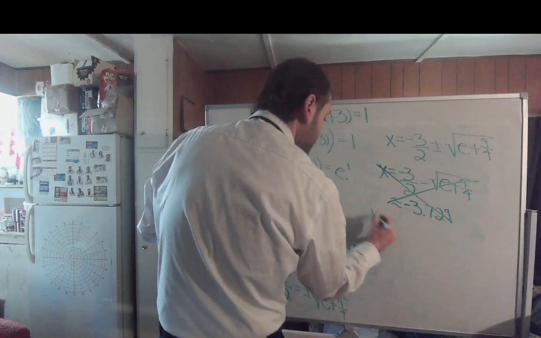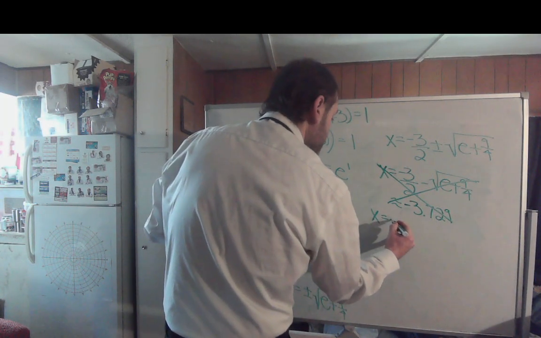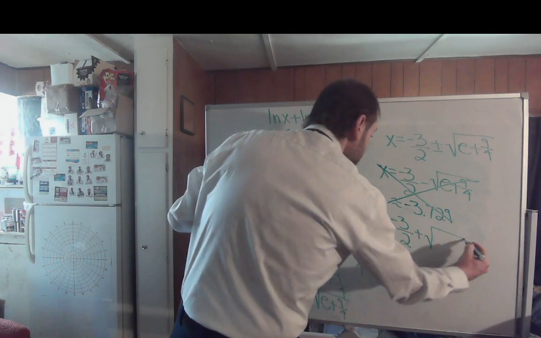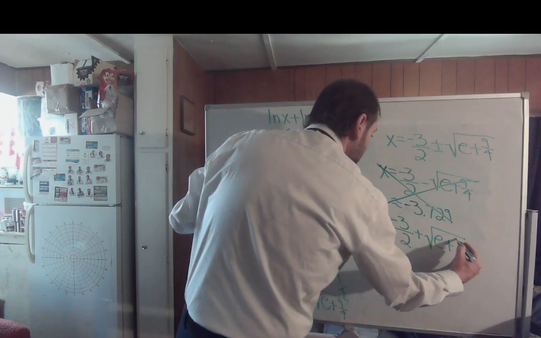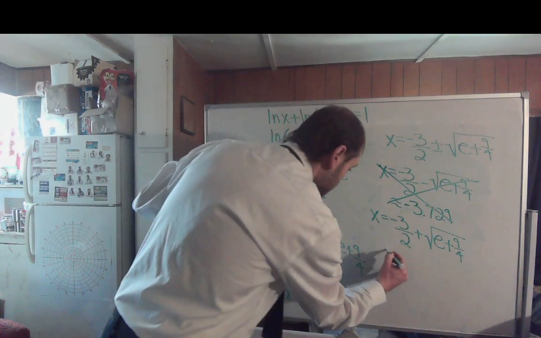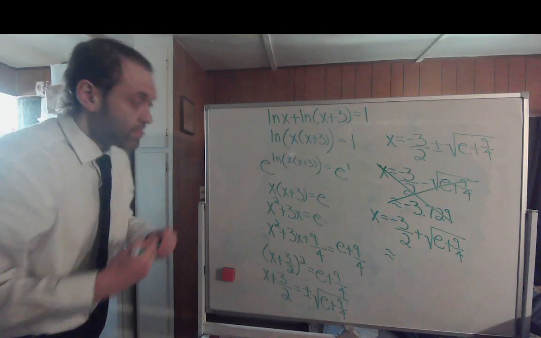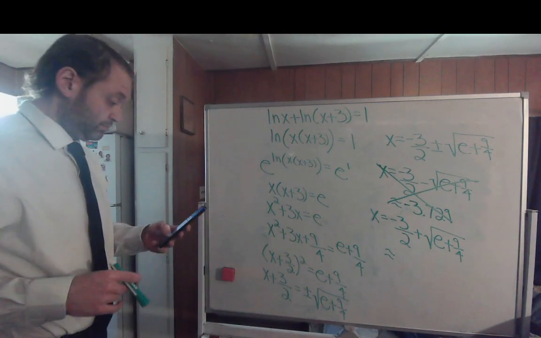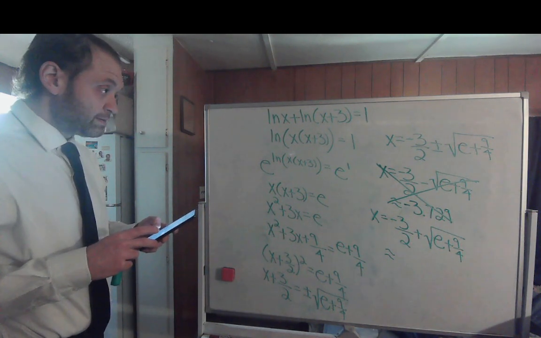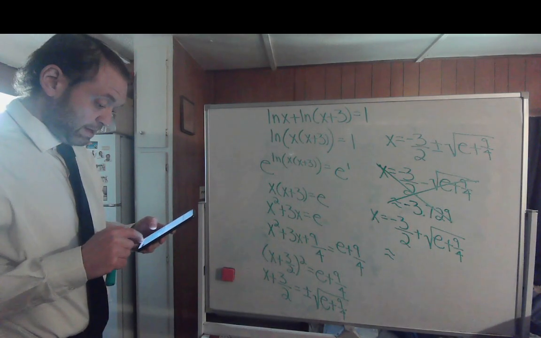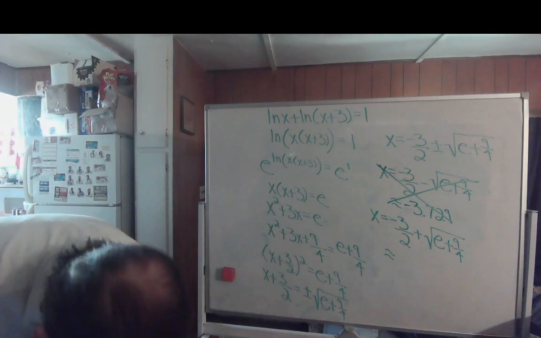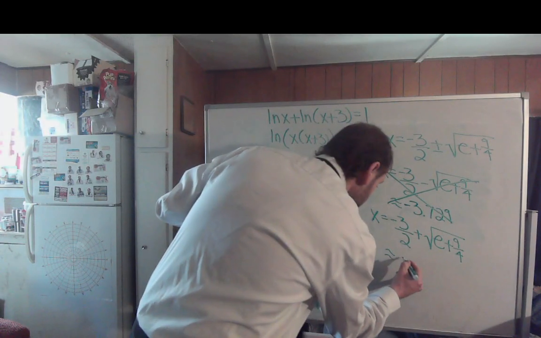But let's look at when x equals -3/2 plus the square root of e plus 9/4. So let's go ahead and do that. You would get about 0.729.